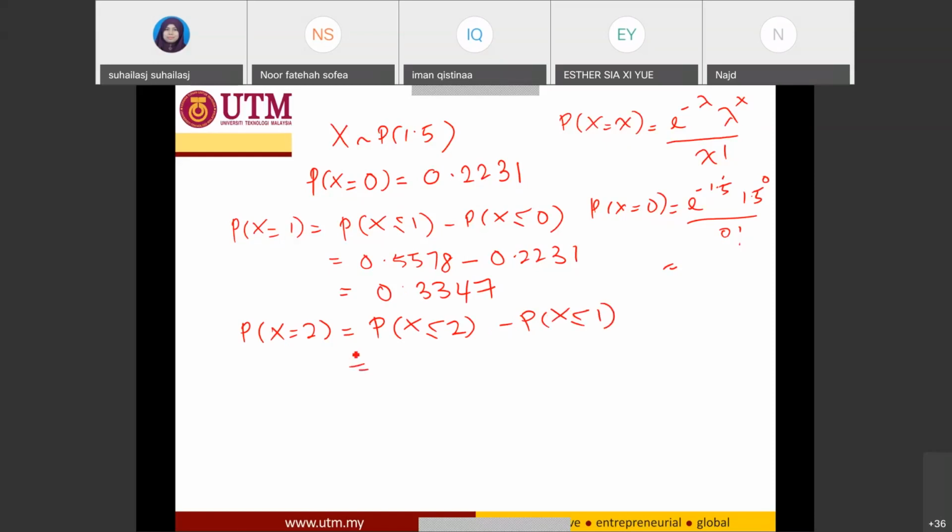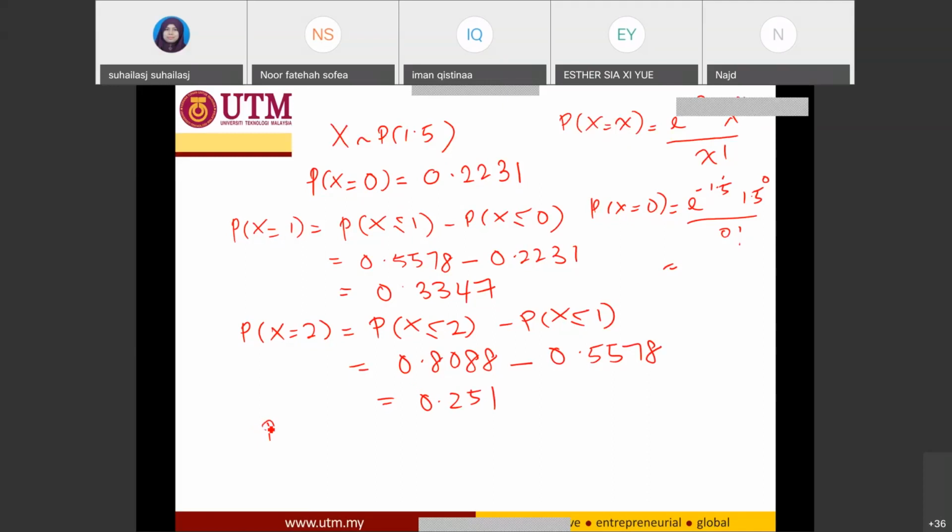So x less than or equal to 2 is 0.8088, minus 0.5578. So you have the probability 0.251.